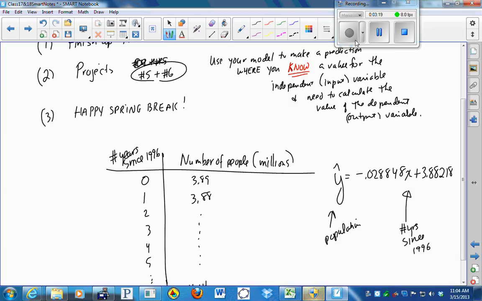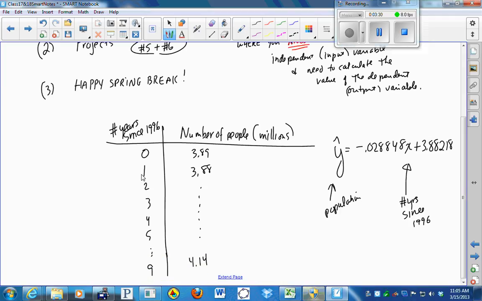All right. So what I was looking for was I wanted you to make a prediction using your model, but I wanted you to make the prediction where you actually knew a value for the input variable. So notice you have 10 input values here where you know what the actual output is. I wanted you to pick one of your known points. For example, here's a known point.